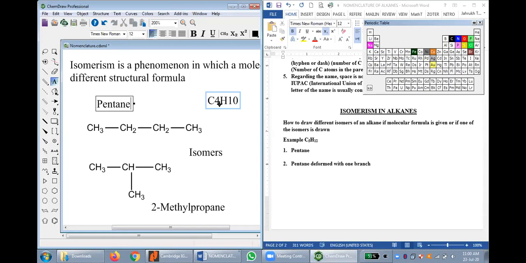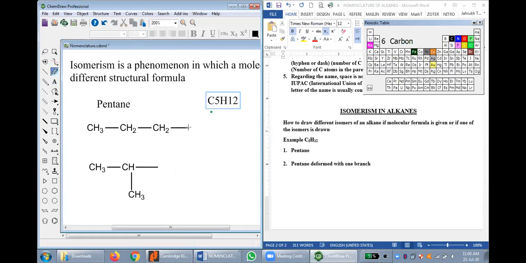Let's go with pentane, and this is going to be C5H12. Okay, does your structure of pentane resemble mine?